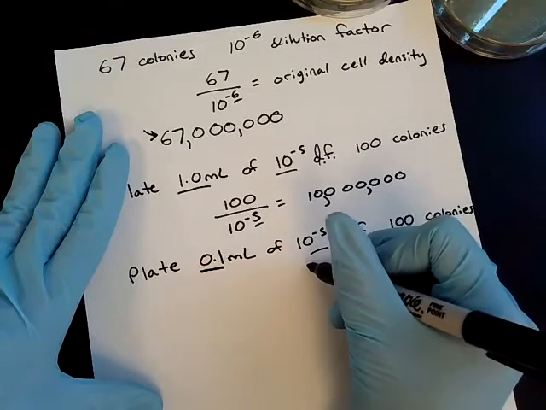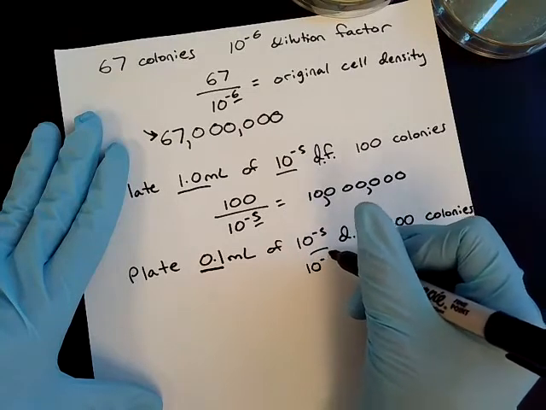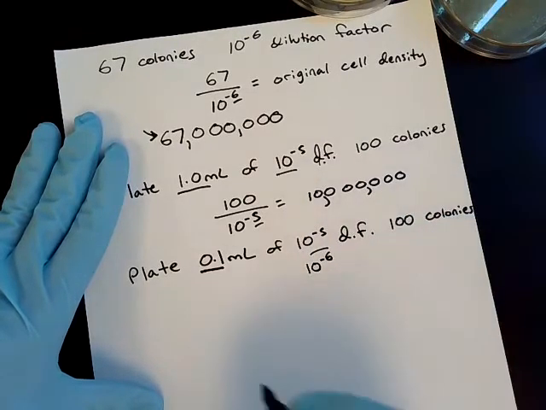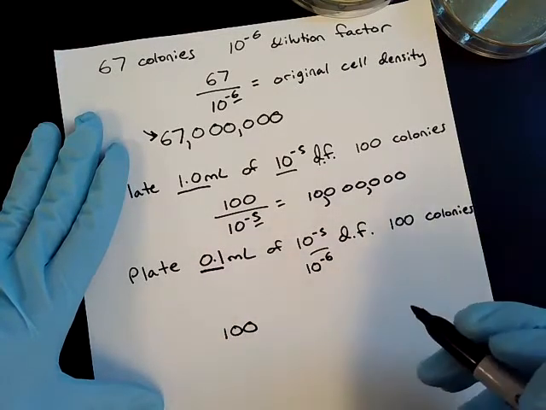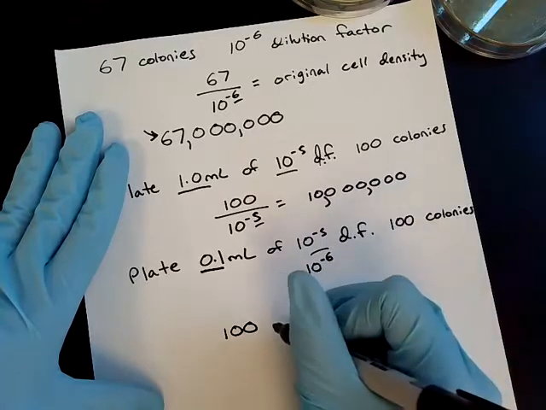So our new dilution factor becomes 10 to the negative 6. So now we would write down our 100 for the 100 colonies we counted, and we have to add 6 zeros.